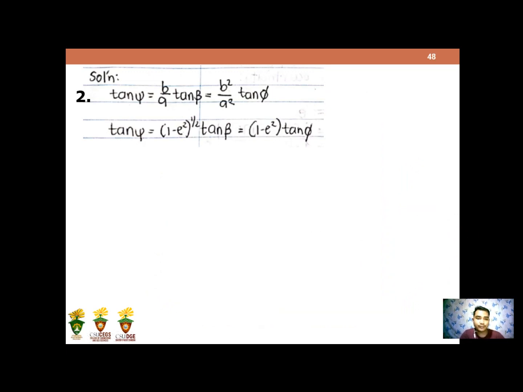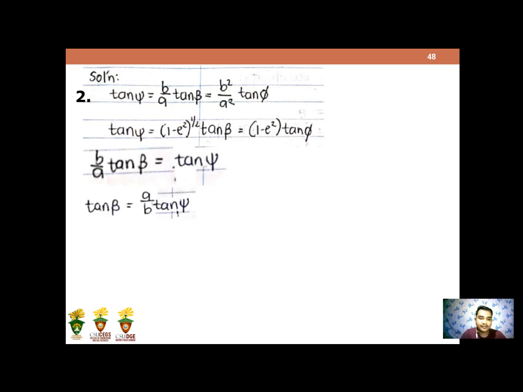For number 2, balik ta ani nga mga formulas. And again, since kay b ug a ato ang gihatag ang given, so kani nga formula ang mas suitable. So we have b over a tangent beta is equal to tangent geocentric latitude.